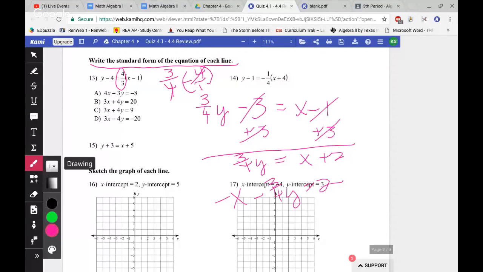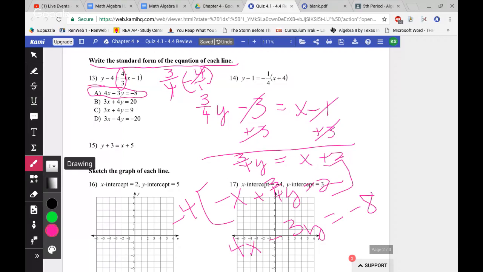And so if you did that, that would give you 4x minus 3y equals -8. Because actually this would have been a plus 3y originally. There we go.